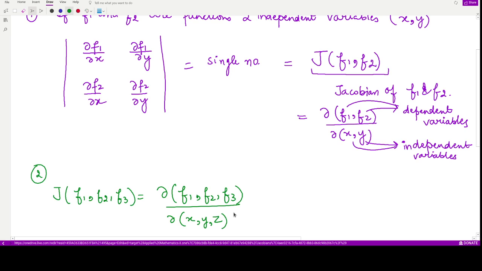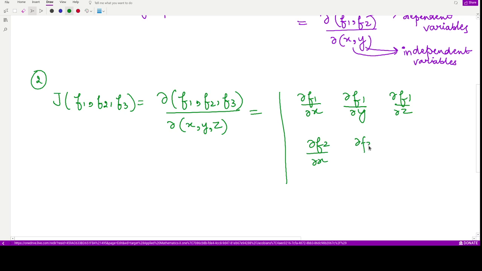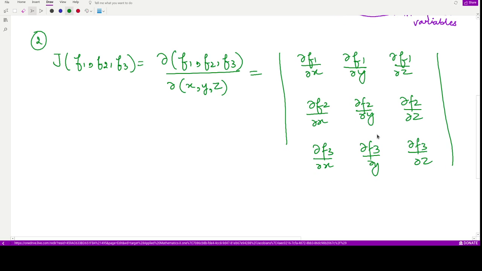It is calculated by taking the determinant of del f1 by del x, del f1 by del y, del f1 by del z, and again del f2 by del x, del f2 by del y, del f2 by del z, and thirdly del f3 by del x, del f3 by del y, and del f3 by del z. This is the determinant, and similarly you could generalize this result.